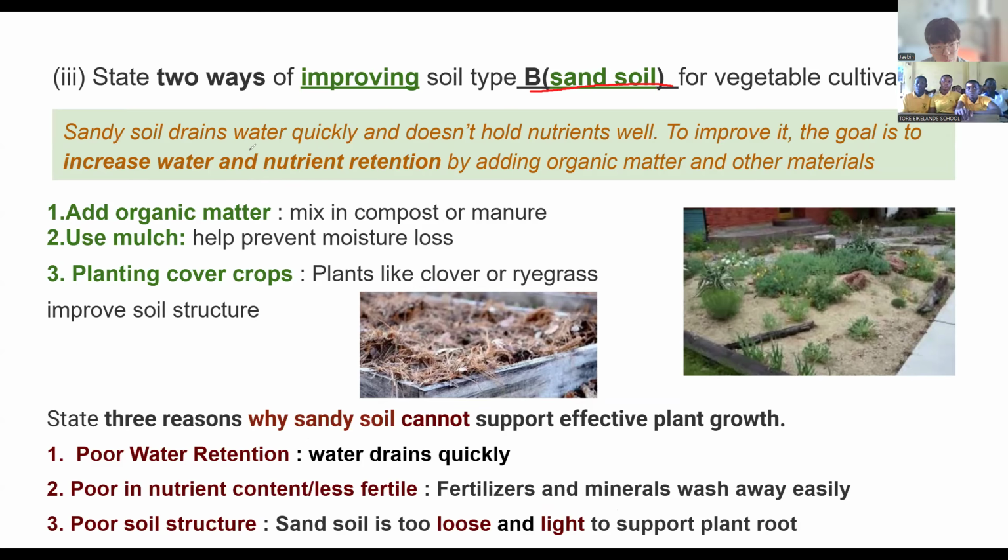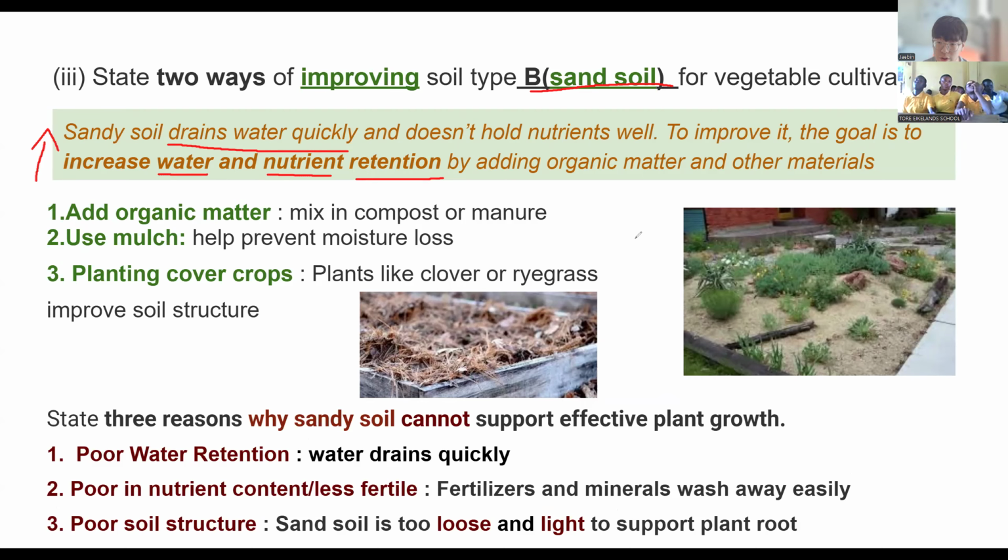And we know sandy soil drains water quickly, right? So how can we fix that? How can we improve sandy soil? Well, the goal is to increase water and nutrient retention.